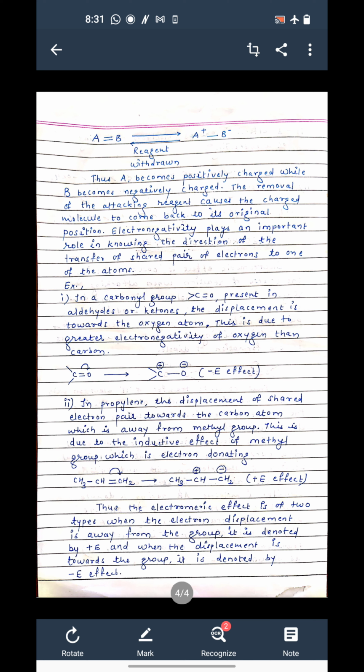In the next case, you can see the carbonyl group is there, and if the displacement is towards oxygen, the electronegative atom, then it is called a minus E effect.